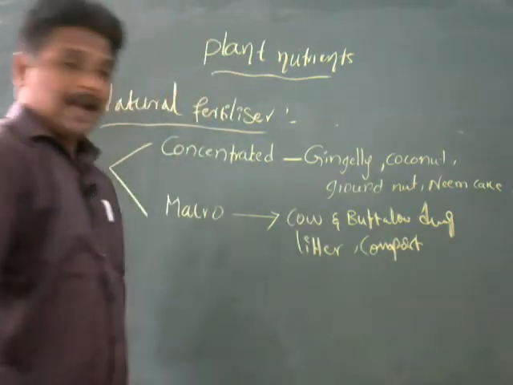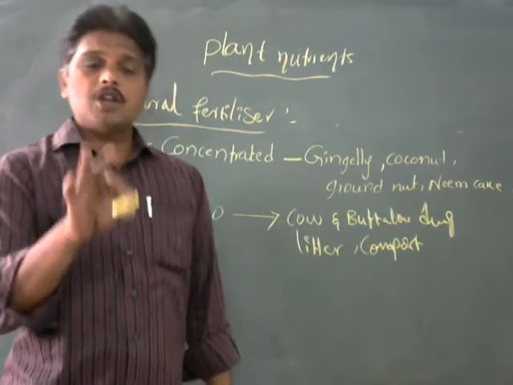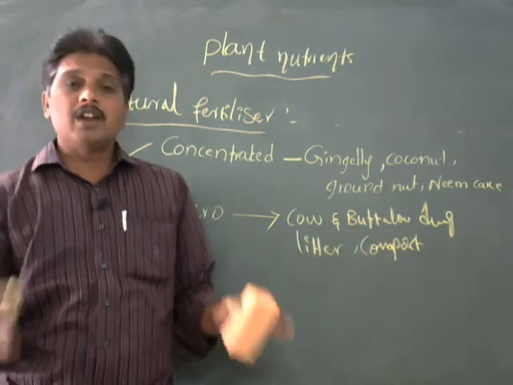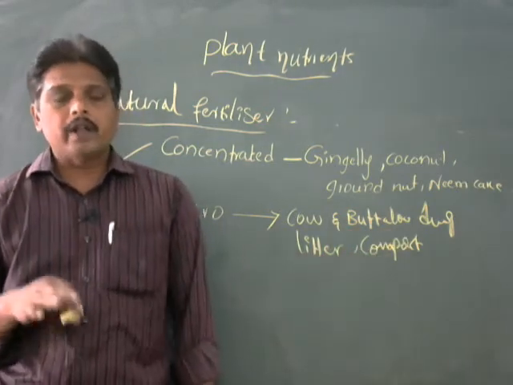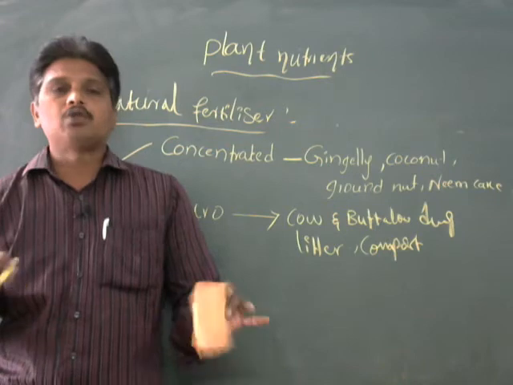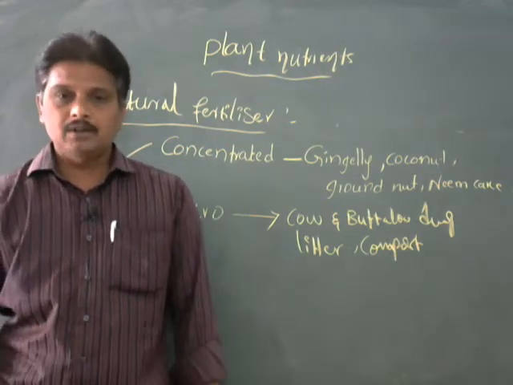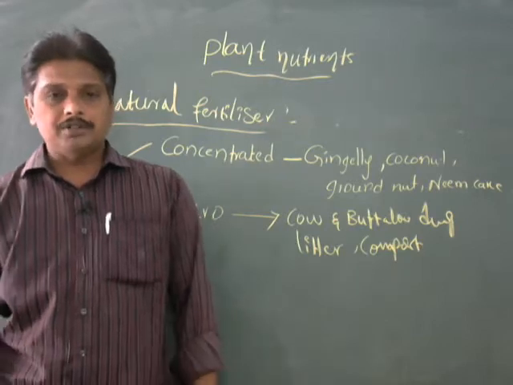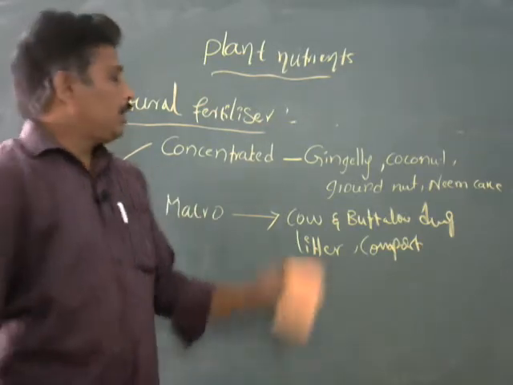These are called macro fertilizers. They have a lower concentration of required nutrients, that is why we have to add them in larger quantity, in tons. This is about the natural fertilizers.